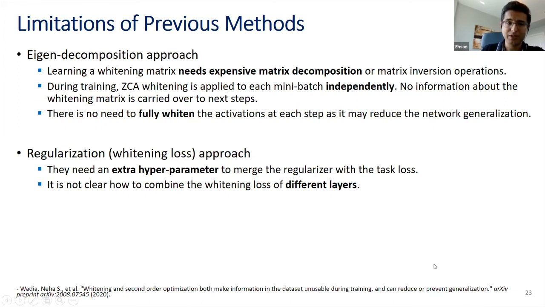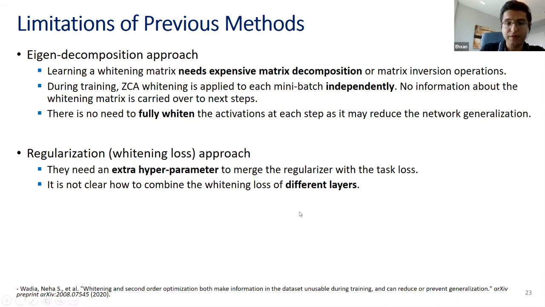In short, they're claiming that whitening and second order optimization reduce generalization. However, if we use that whitening along with a regularization technique, they show that actually the generalization improves a lot.